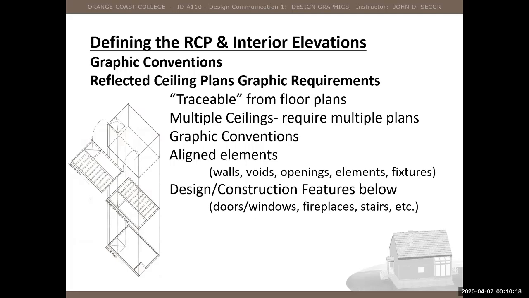So as we do that, one of the things that hopefully we can understand is that your floor plan and your reflected ceiling plan are all going to be bounded by the same construction or the same design walls that you've already done. So as a result, this information is traceable.